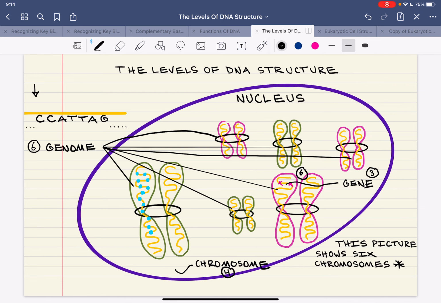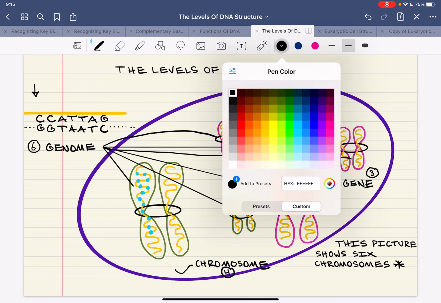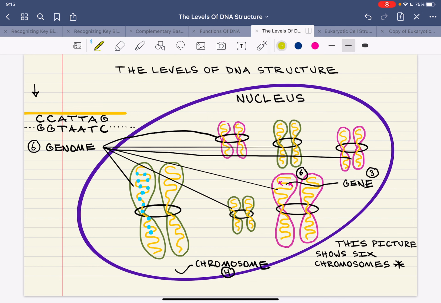We're also going to practice our base pairing rules at the same time. So I'm giving you the sequence of one strand. What would the other look like? Like this. And again, it keeps going because it's longer than that in reality. And I'm going to put a yellow line here at the bottom.